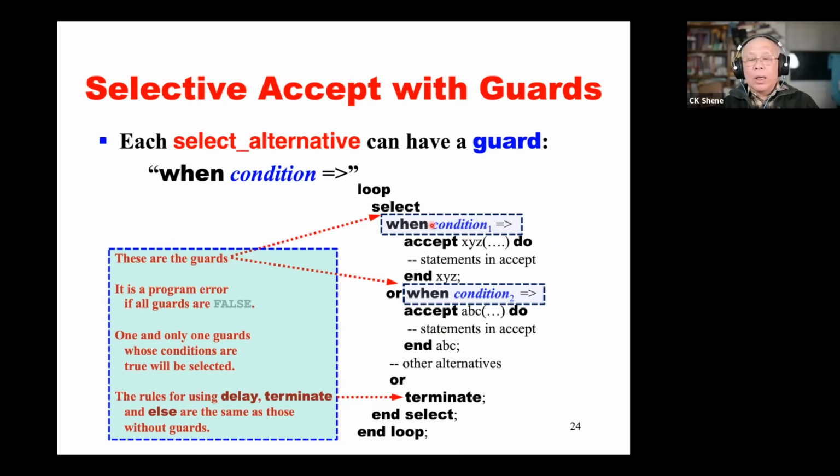So when this condition is satisfied, we accept the XYZ call. When condition 2 is satisfied, we accept the ABC call. So for each accept, you could add a when clause there. Of course, this when condition may not be mutually exclusive, but usually that's not a good practice.